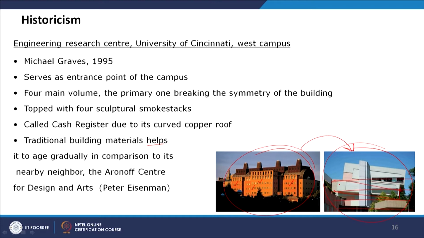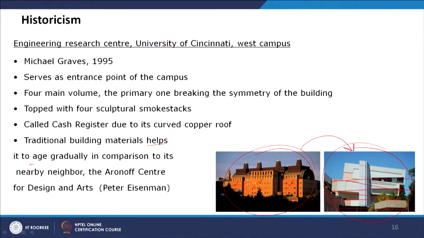We'll discuss how deconstructive buildings are designed and what the philosophy of that is. But what I'm trying to say is that the deconstructive era and the historicism era are both contemporary postmodern movements, but historicism gives a more age-old, traditional look, and so it helps the building age gradually. This is an aged building, and this is a newer building with a futuristic approach, while this one connects to history.